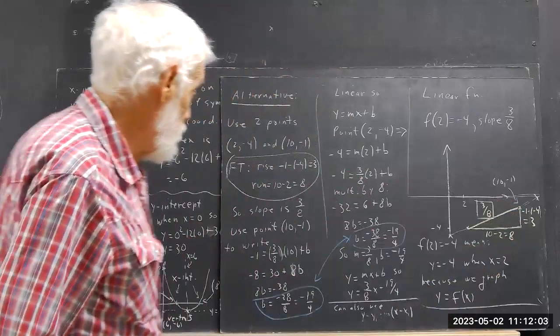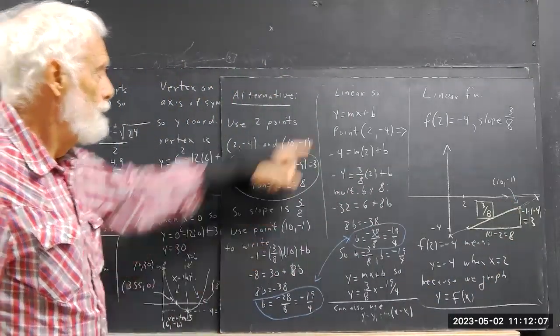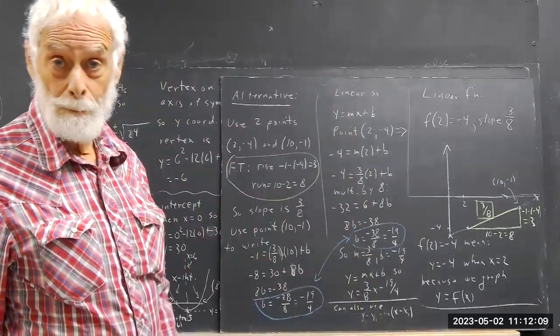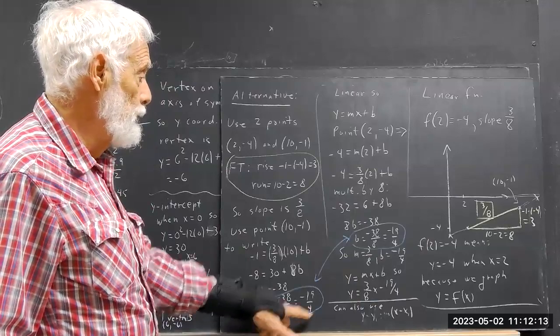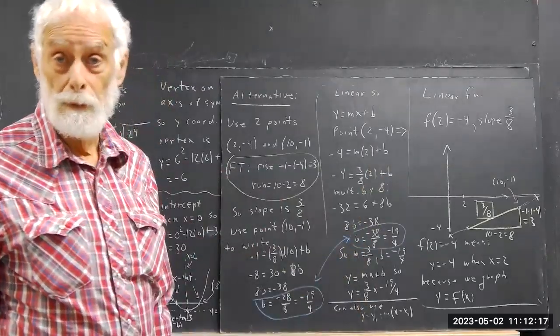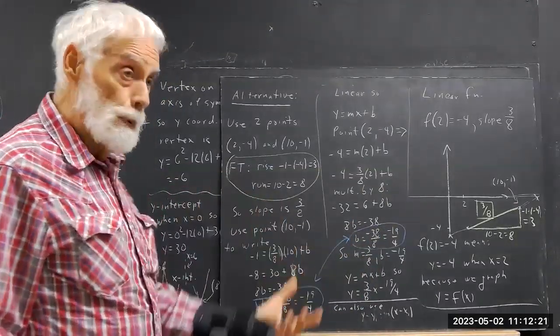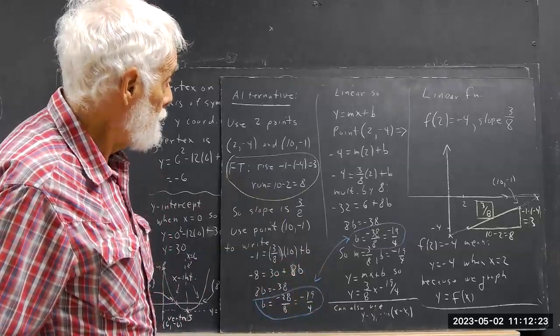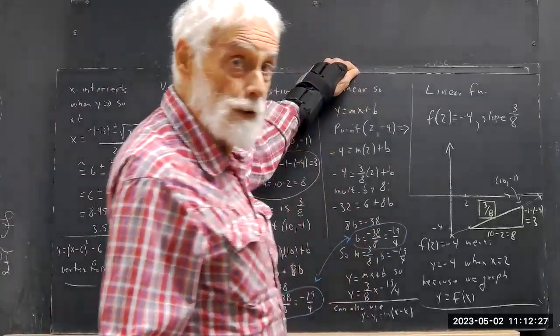Use the point 10, -1 and we just do the same thing we did here. There are our steps. There's our solution for B. And it's the same solution we got here, but using a completely different point. There's an important lesson in that. You're not going to have time to copy everything on the board, but it's there.